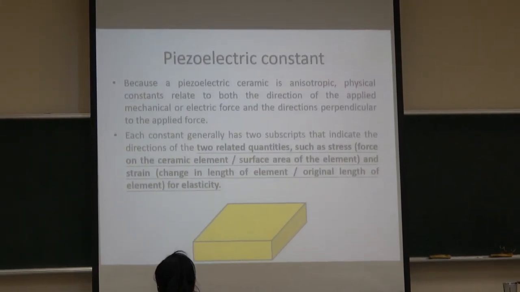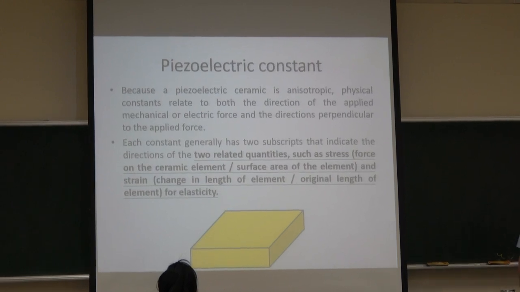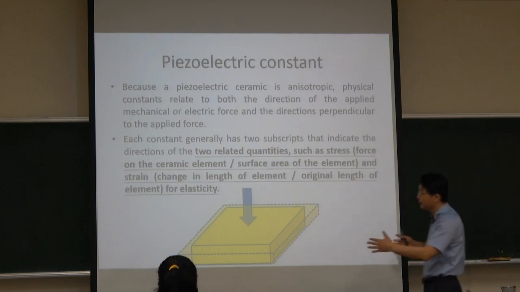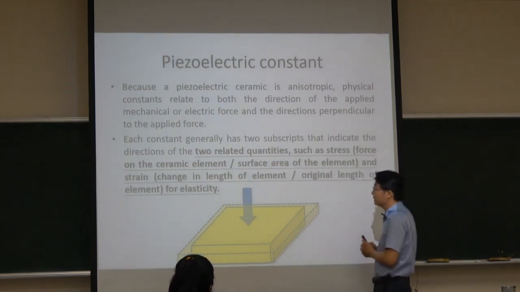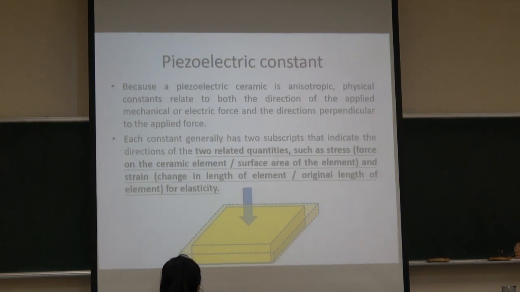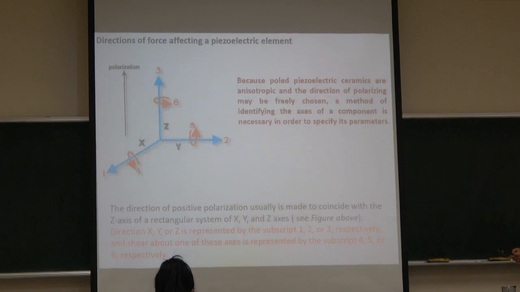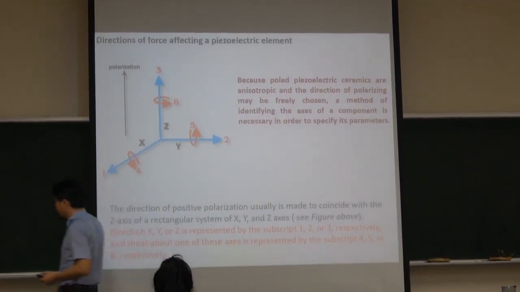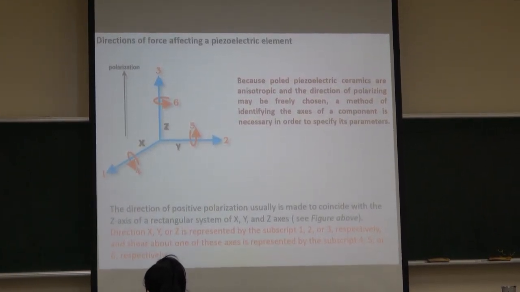For example, if you apply a stress, it makes the dimension change, and this dimension change is also related to how much it is deformed. And this has a direction.